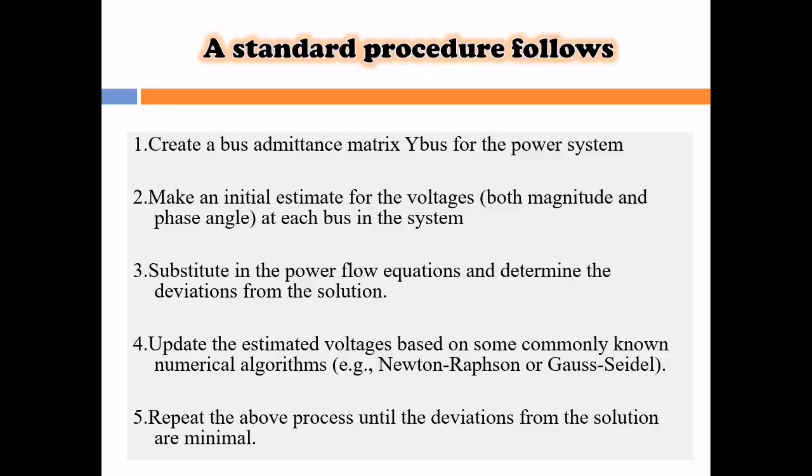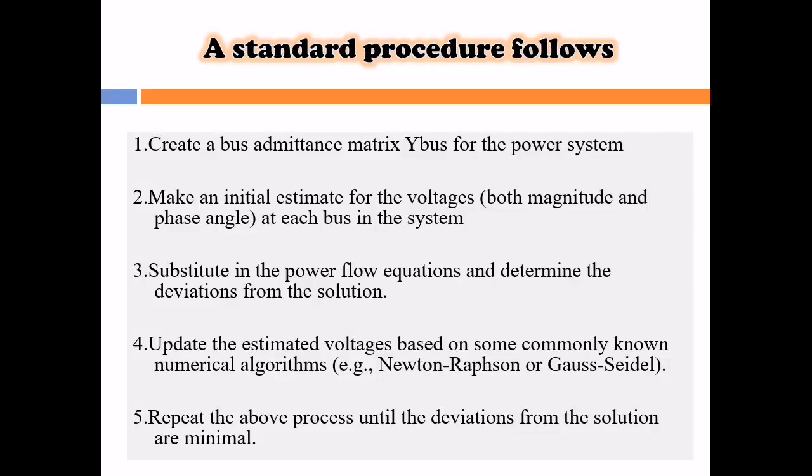Normally obtaining a perfect solution is a tough process, so we aim at a certain marginal deviation. With minimal deviation, we stop continuing the iterations. Updating is called the iteration. So first iteration, second iteration, third iteration, likewise we continue and observe the deviation in each case.